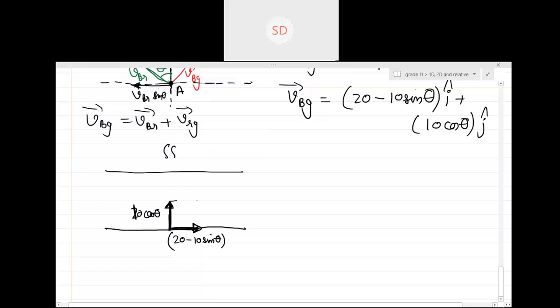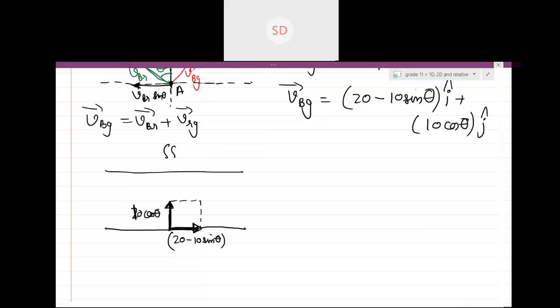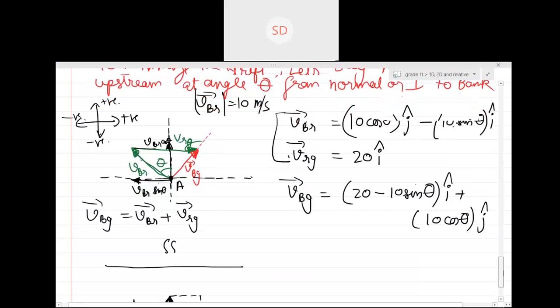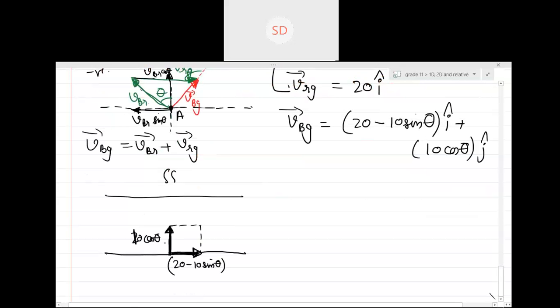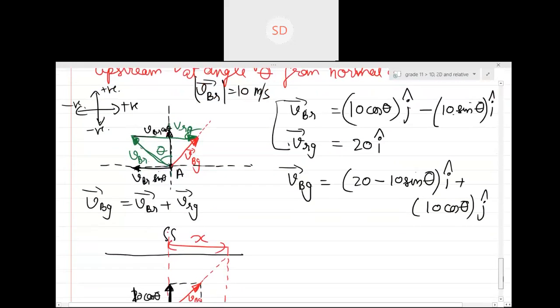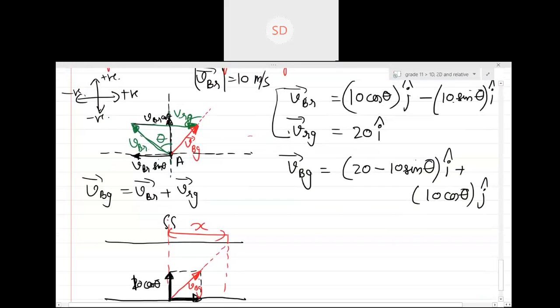So when you take the resultant of these two, you will get the same VBG. Can you see same VBG? Red one. The same VBG you will get, which will drift you at an angle of whatever it is. It will drift you at a distance. So can you see how this question becomes like this?